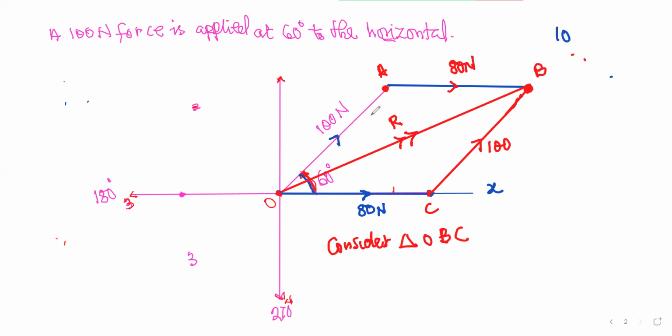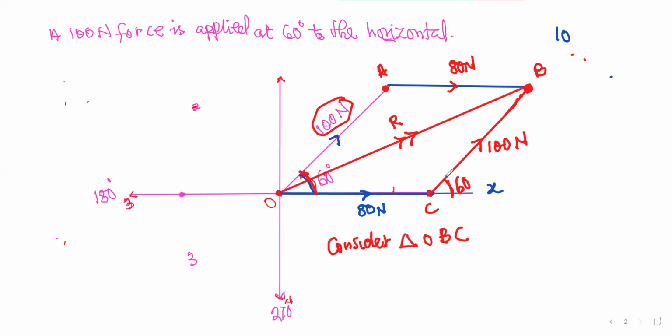When two lines are parallel, it means they have the same slope or gradient. So if these are parallel forces and they are equal, the angle between them is 60, so we must have the same angle here, 60.